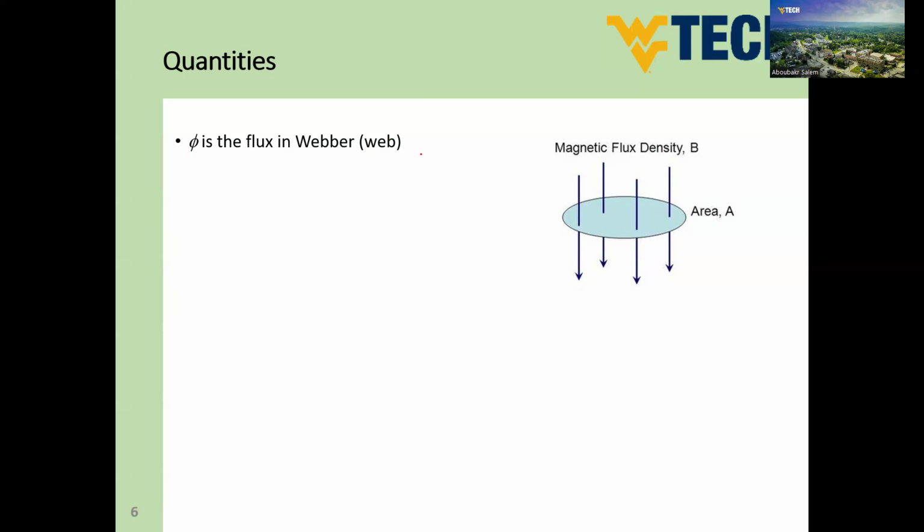So Weber is the unit of measurement of flux lines. These flux lines are going to move through a certain cross-section area. So this area is for sure measured in square meters. So this would produce what's called flux density. As you know, guys, density equals the flux lines divided by the cross-section area. So this is called flux density, okay? Flux density, and the unit is Weber per square meter.